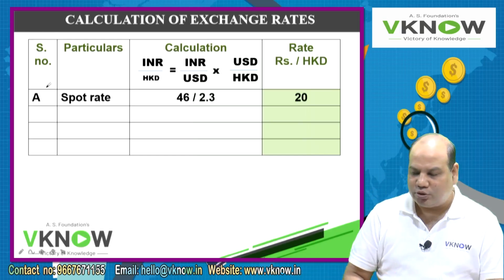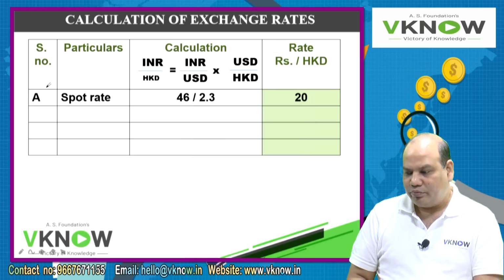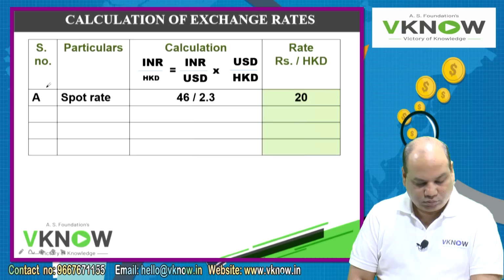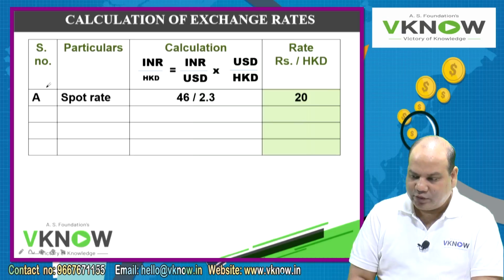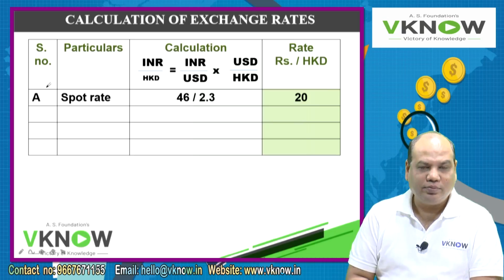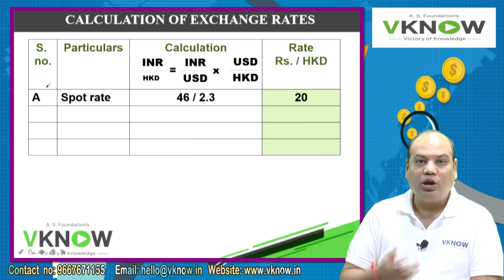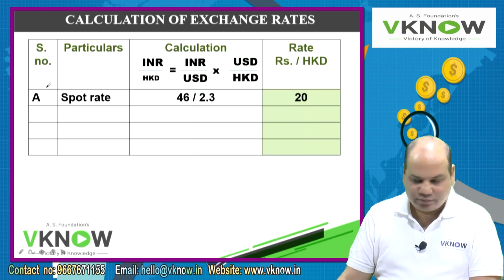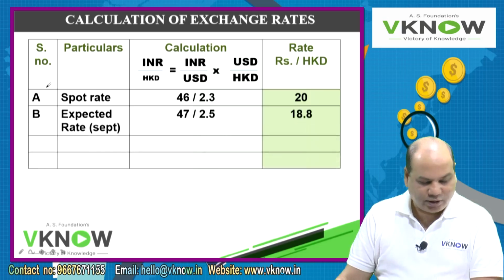One by one, you can also start on your own. Spot rate: 46 divided by 2.3. Don't multiply because rate is given for HKD per dollar. I need dollar per HKD. So is the answer 20 rupees? Then write down expected spot rate.